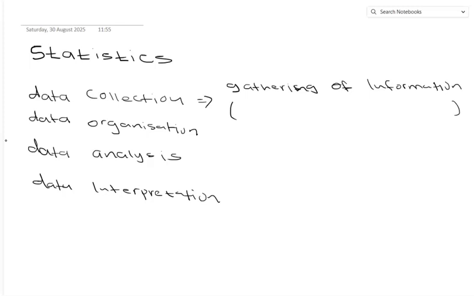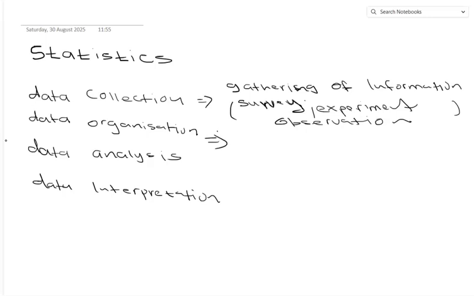We collect information by way of survey, right? We can do a survey and we get information from people that respond to that survey. Or we can do an experiment, or we can just simply do an observation and record our data.